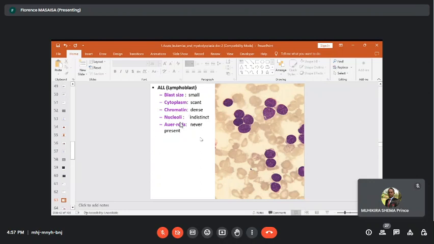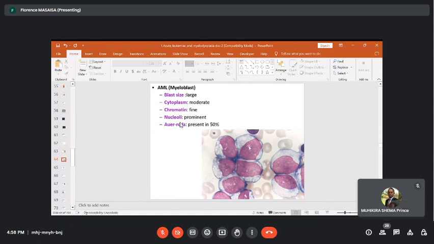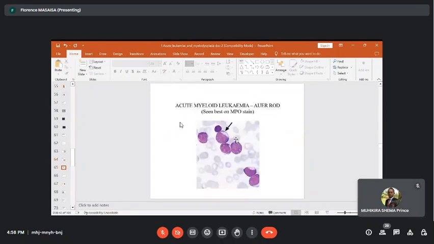Let's go to acute myeloblastic now. They have large cells. You see the large cells here. They have moderate cytoplasm. They have fine chromatin. You can see inside, you can see the nucleoli, which are whitish inside. They have clear nucleoli and a clear chromatin pattern. Then 50% of them will have Auer rods. Auer rod is that line here.